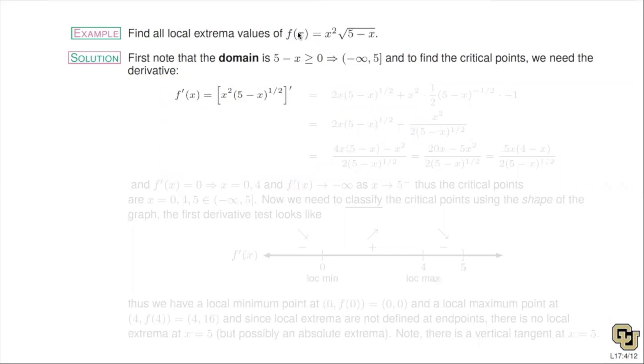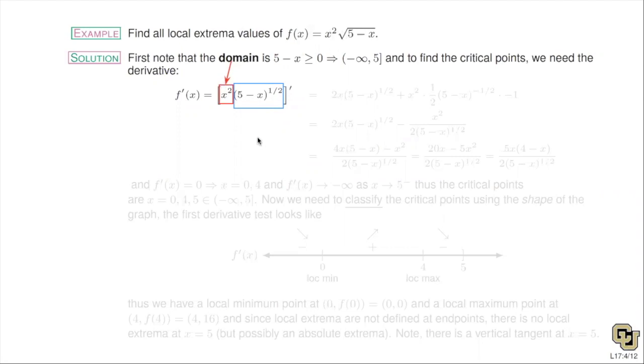And so here's the thought process I really hope you will go through. You're looking at this, okay, I'm doing a derivative. What I want you to notice is that we have a product, x squared times (5 minus x) to the 1/2. And so I'm going to need a product rule. For the derivative of the first function, since it's x squared, we're just going to use a power rule.